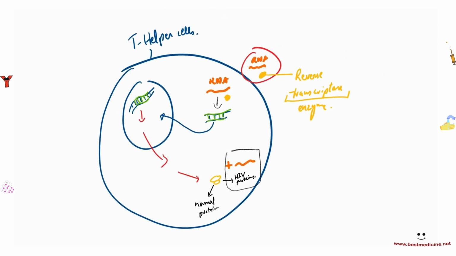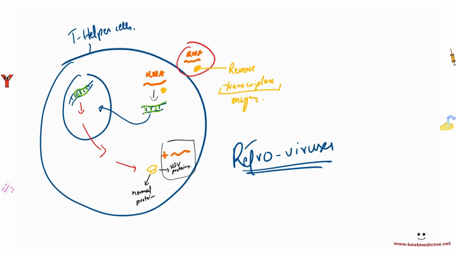Now, such kinds of viruses that are able to convert their RNA to DNA and then incorporate it into the host cell's genetic material instead of being directly used, these are called retroviruses, okay? So these are called retroviruses. Now, why is this important?